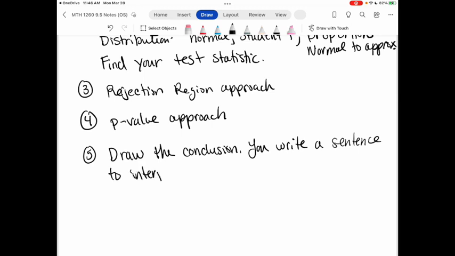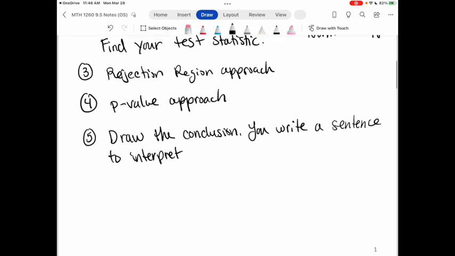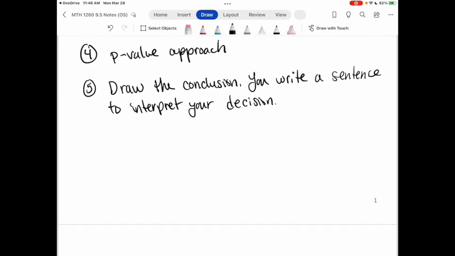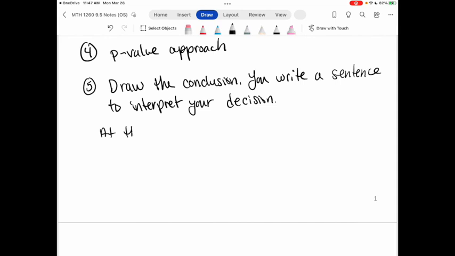And you can write a sentence to interpret. So use this template as a way to write out your final sentence.